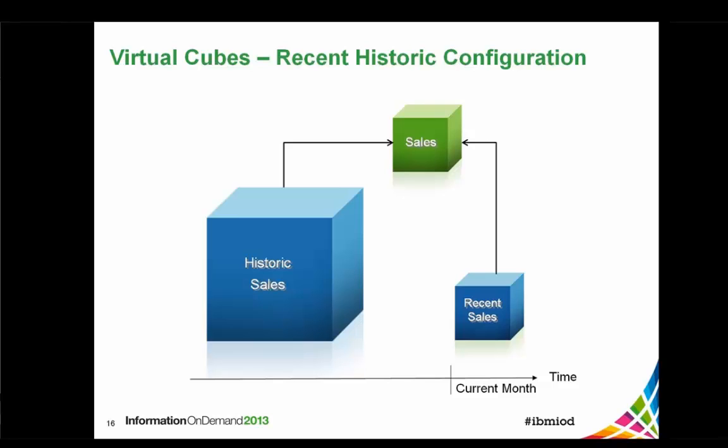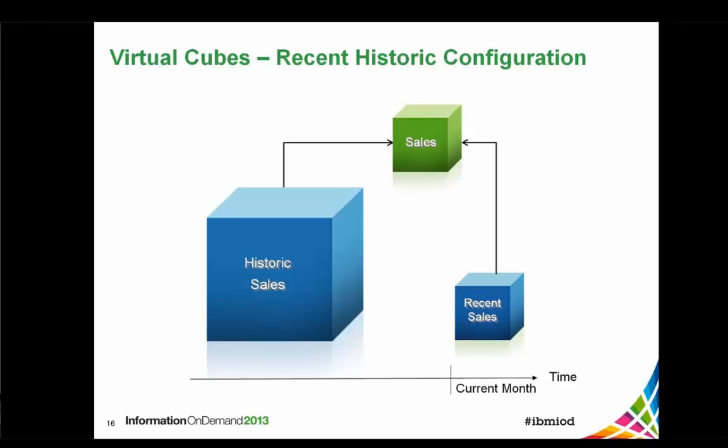Historic sales contains the bulk of the data, and you can keep the aggregates and all the caches warm and ready to go, because if your updates to the fact are only for the recent values, you don't necessarily have to update them and flush the caches as often. If you separate it out to have the recent sales cube for the most recent changes, since it's so small and representing a small chunk of the data, it can be refreshed more often.